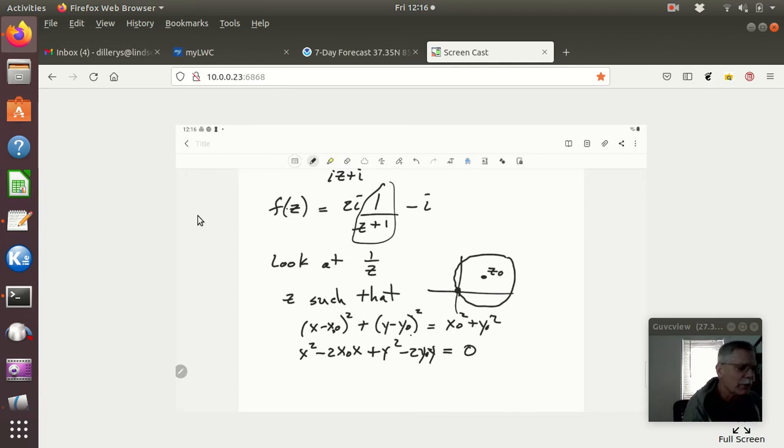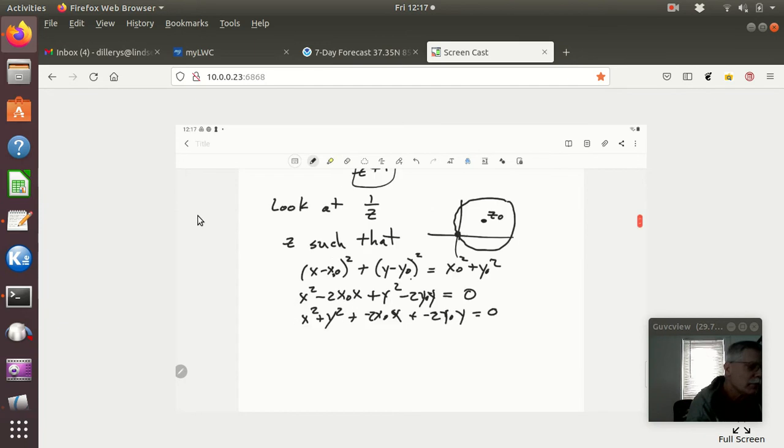Rewriting it this way: x squared plus y squared, plus a negative 2x0 x, and plus a negative 2y0 y equals 0.